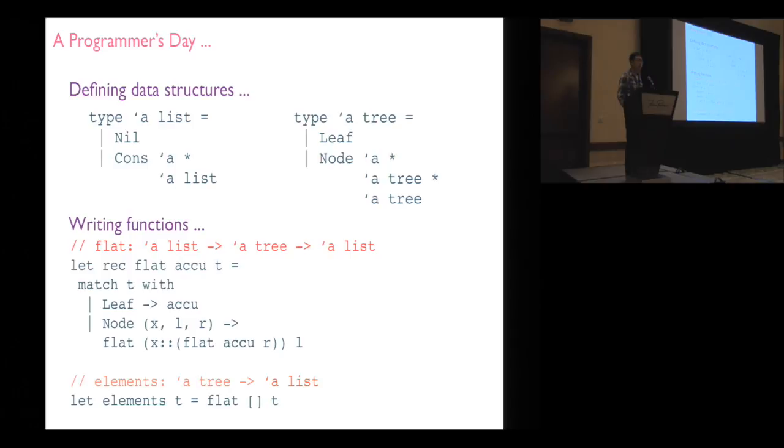So in the code, it also calls a recursive function flatten, whose implementation is not interesting. What matters is that this code contains no program assertions.